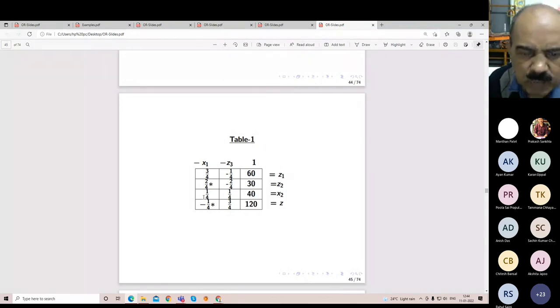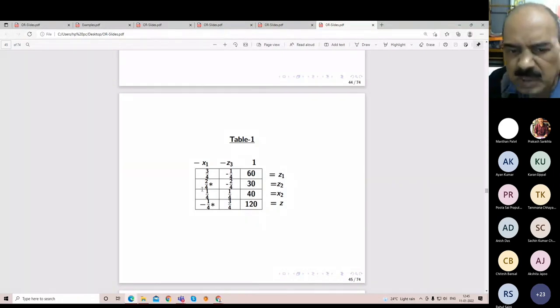So where do we find the minimum positive ratio? There is a star mark you can see here, 2 by 4. 2 by 4 means it is half. So this is a positive ratio, and this is our key element. Because first 60 by 3 by 4 was giving 80, 30 by 2 by 4 is giving 60, then 160, so 60 is the minimum.